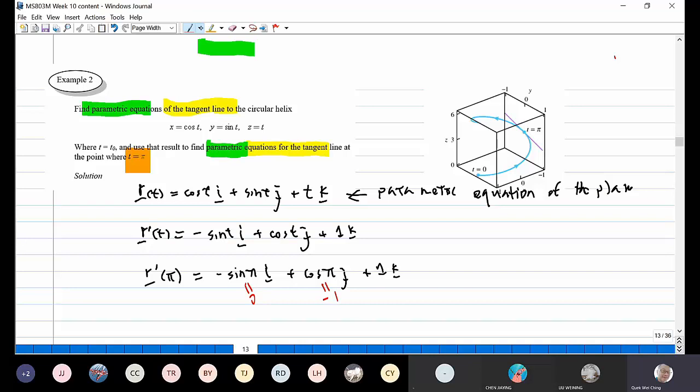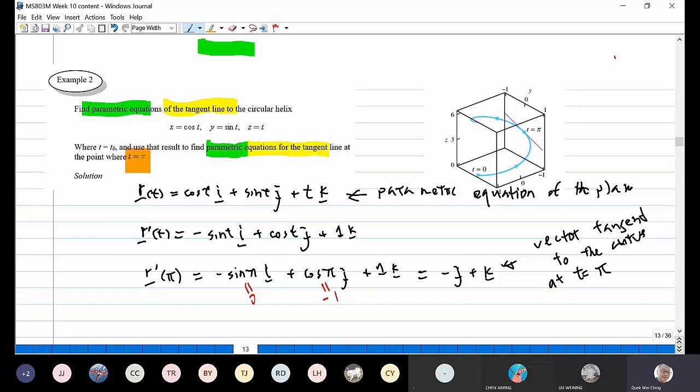So this vector is minus j plus k. This is the direction of the tangent vector, the vector tangent to the curve at t equal to pi: minus j plus k.